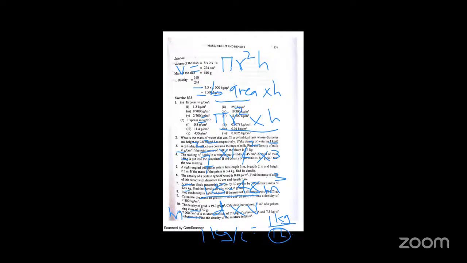We know that 1 cubic meter is equivalent to 1,000 liters. How about 1 liter? It will be equivalent to how many cubic meters? When you cross multiply, you have 1 cubic meter times 1 liter divided by 1,000 liters. So that is 0.001 cubic meters.